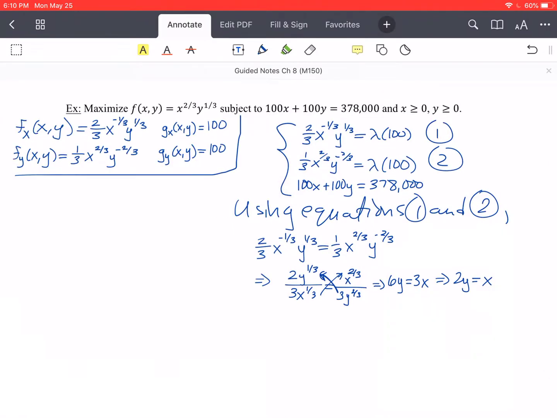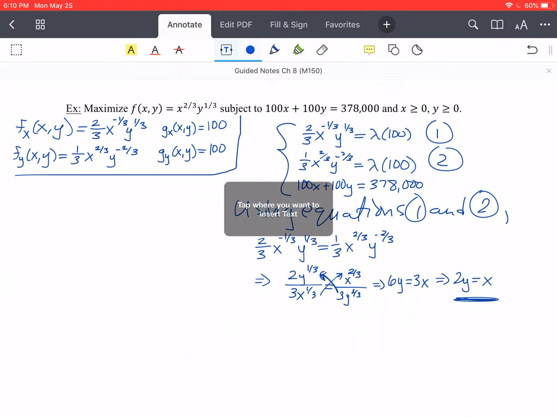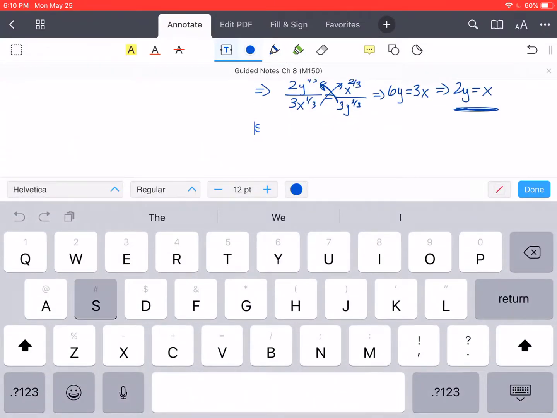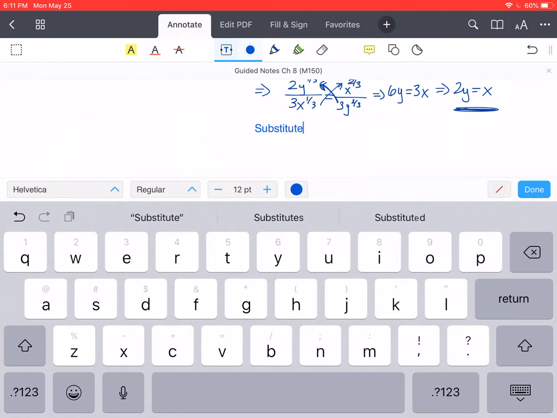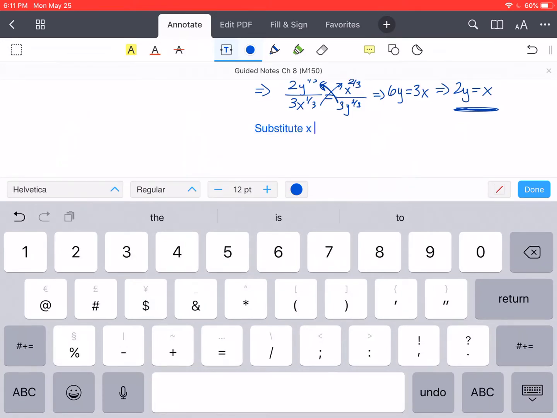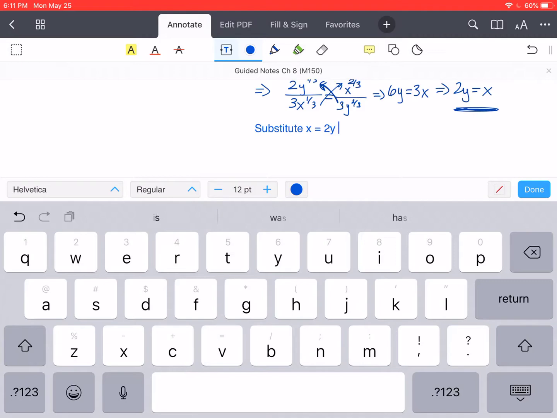So once we have 2y equals x, this is the relationship that we can now use, and now we're going to substitute that into the constraint. Okay, so substitute x equals 2y into the constraint.